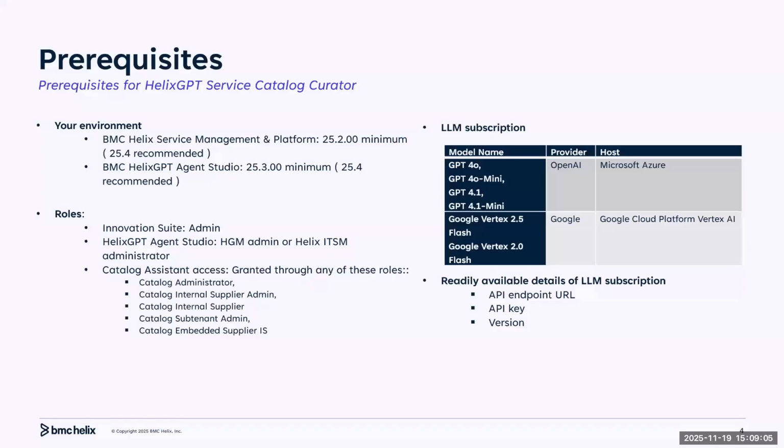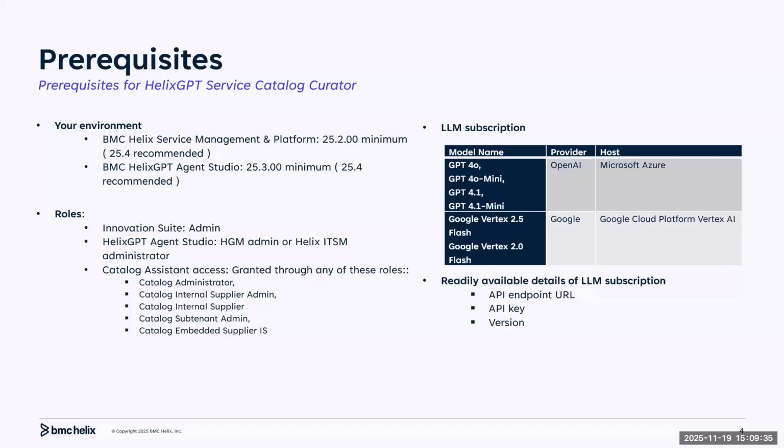One of the prerequisites regarding the roles that may be required in configuring the Service Catalog Curator: from the Innovation Suite side, you need an admin role to be present or enabled. For HelixGPT Agent Studio, you need to assign the HTM admin persona from the mid-tier, or if you have the Helix ITSM administrator, you will be fine, and you can proceed with the Service Catalog Curator.